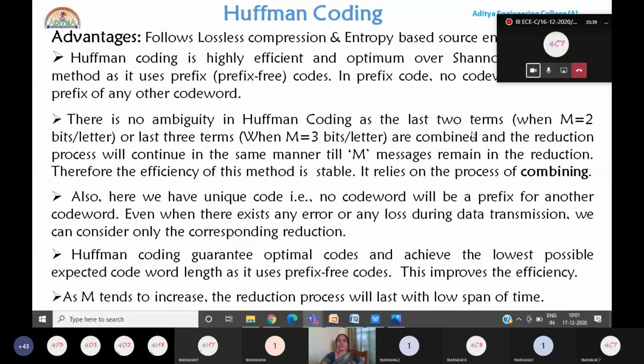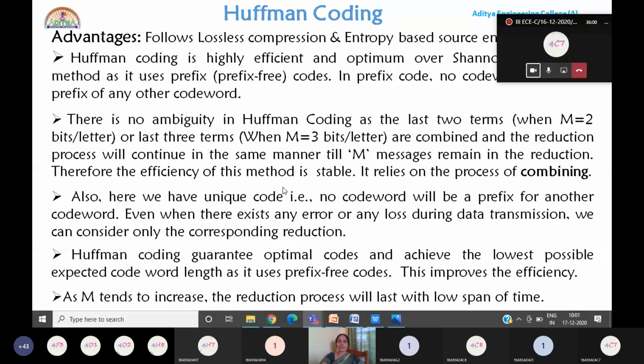So whenever M is 2, last two terms will be combined, and whenever M is 3, last three terms will be combined. But similar to the Shannon-Fano, this process is also an entropy-based source encoding technique.